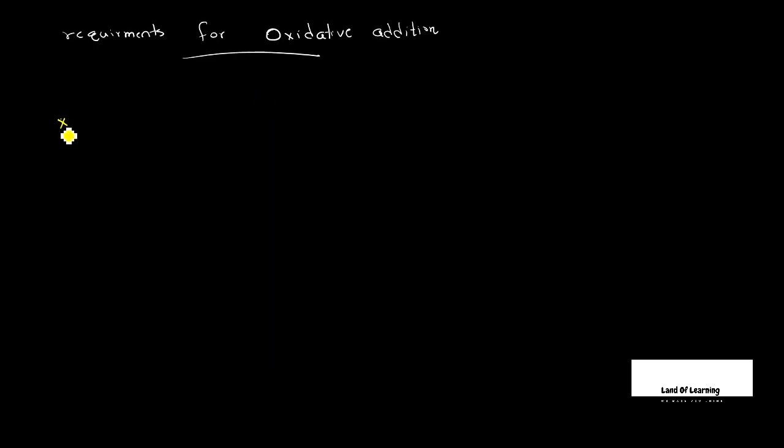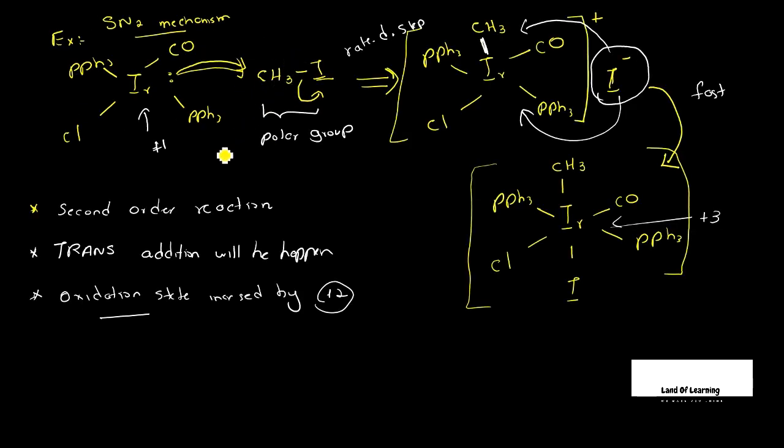So the first requirement is that there should be higher electron density on our metal center in order to go through oxidative addition, because our metal center acts as the nucleophile. It should go and attack our other reactant.